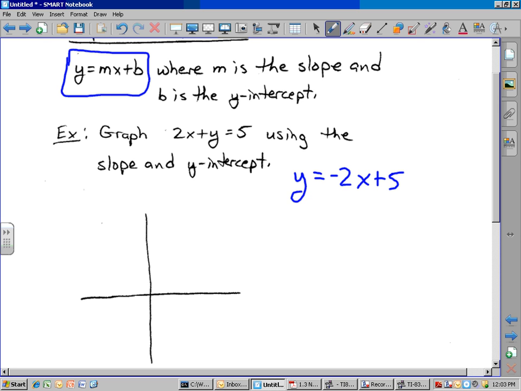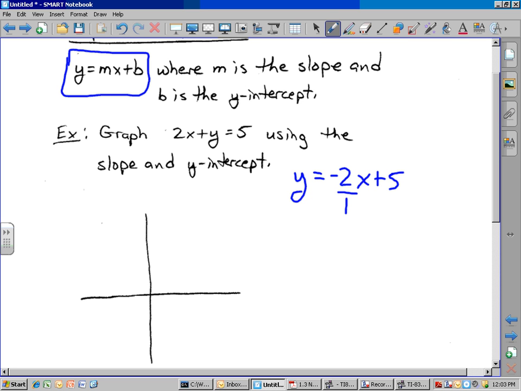Just going to move the 2x over. We need to get y by itself. So what do these numbers tell us? I like to think of it as always a fraction, even if there is an understood 1. That way I know the rise and the run.